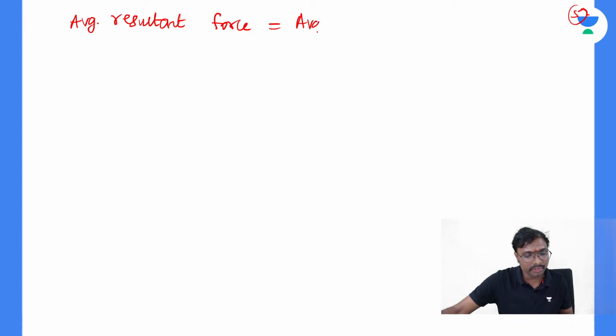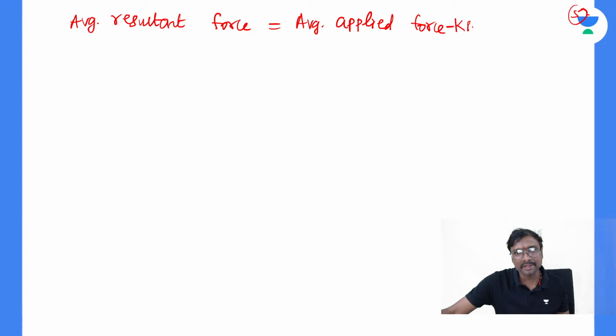Now what is the average resultant force? Average resultant force is equal to the average applied force minus the kinetic friction.